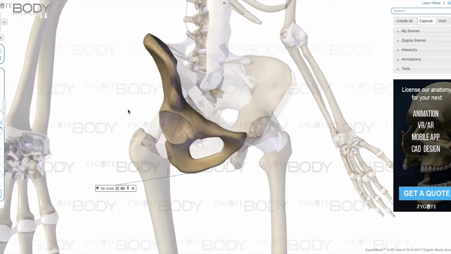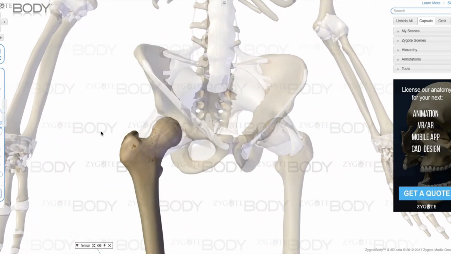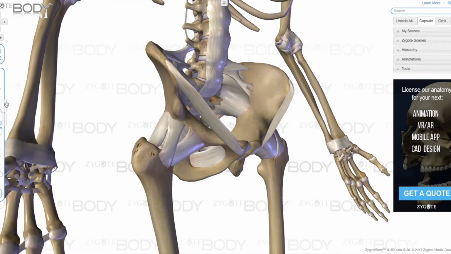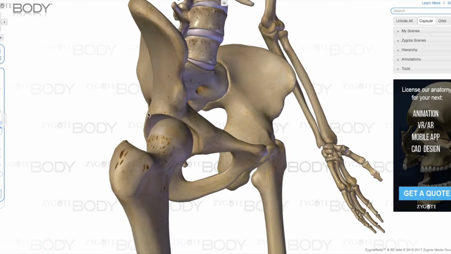This is the bone that we're talking about, your pelvic bone, right? And then we have your femur bone. At this junction, if I remove everything, this is the junction that people talk about for hip impingement and femoral acetabular impingement. This is where the name comes from.